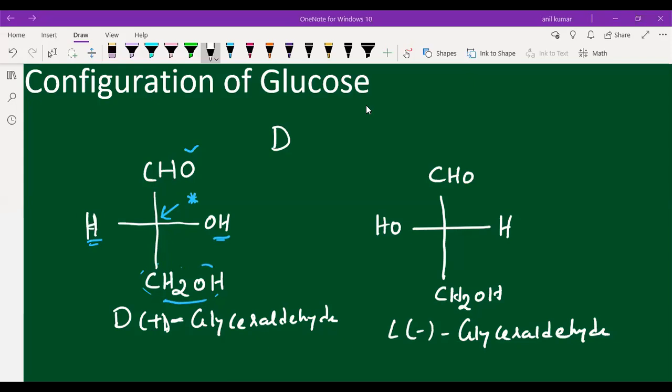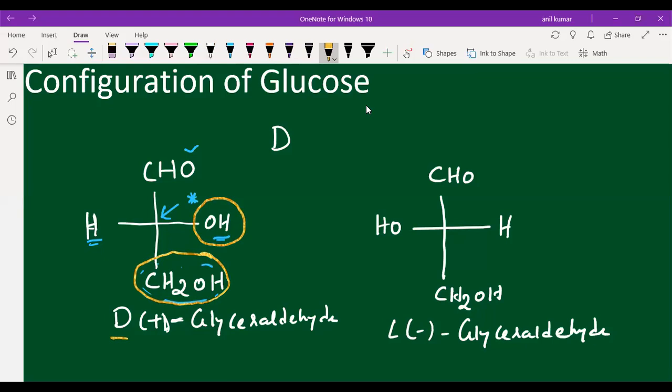You can see this OH group and this CH2OH group. When these two groups are present at the right side, then we give the configuration called D.